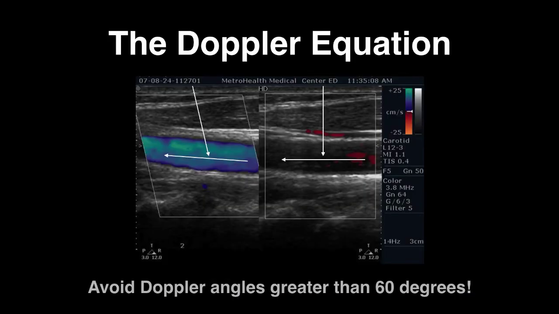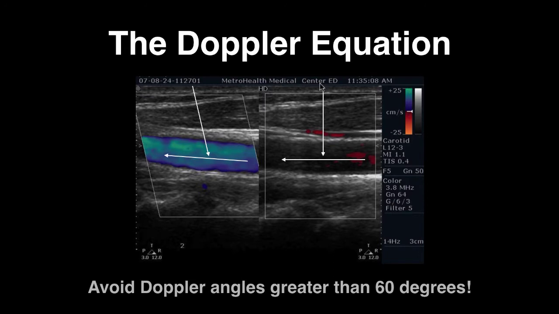Looking at this example here, we're scanning in a sagittal plane the carotid. So this is anterior, posterior, head, foot. You can see here we're at a non-perpendicular angle, so we are picking up color flow within the carotid.